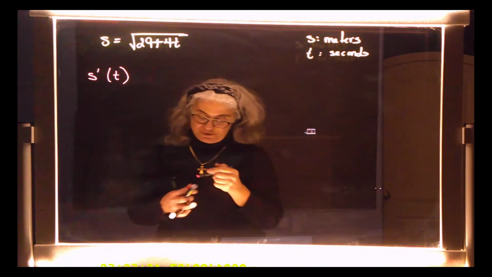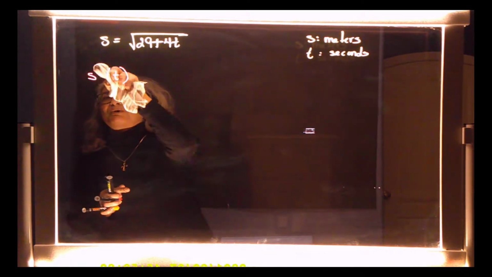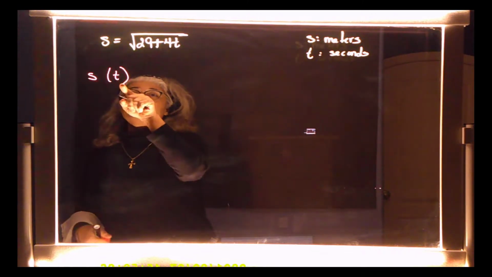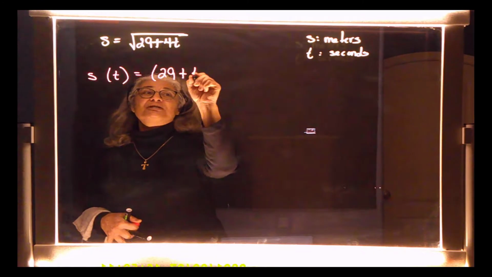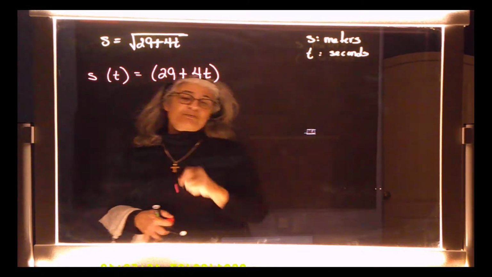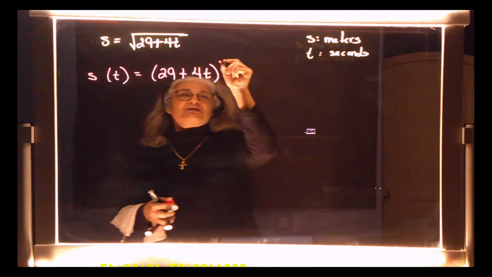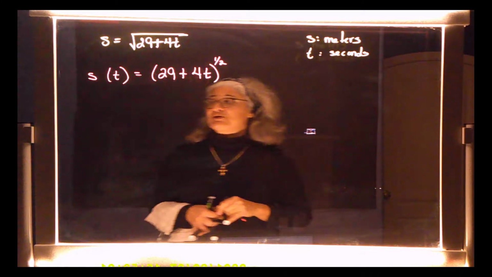And actually, before I do that, I am going to do just a little rewrite on the original equation if you're okay with it. So the original equation, S of t, is equal to 29 plus 4t to the power of what? Because I don't like that square root. Good, to the 1/2. Now this will make it a whole lot easier to find its derivative.